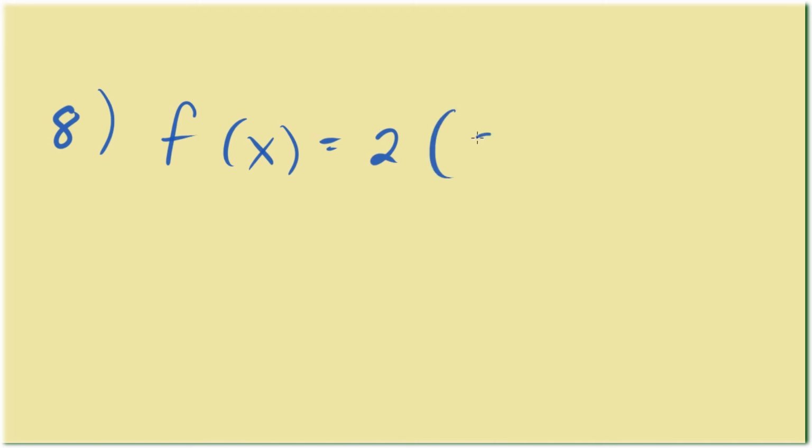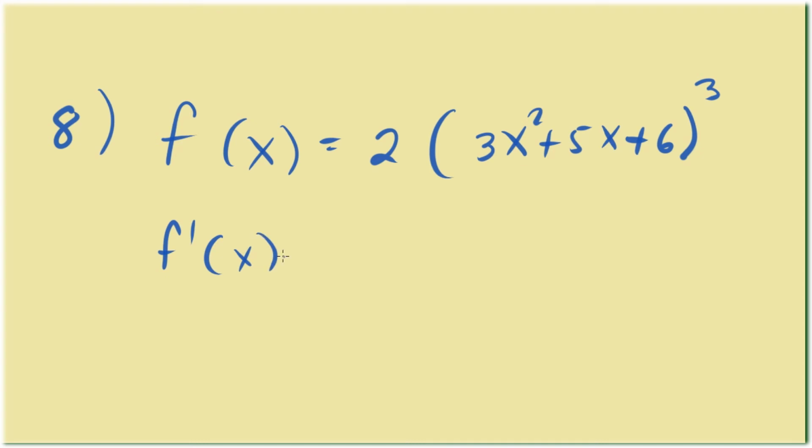Now, number 8, say we have (3x squared plus 5x plus 6) to the 3rd. Okay, so use the chain rule. So 3 times 2 is 6.